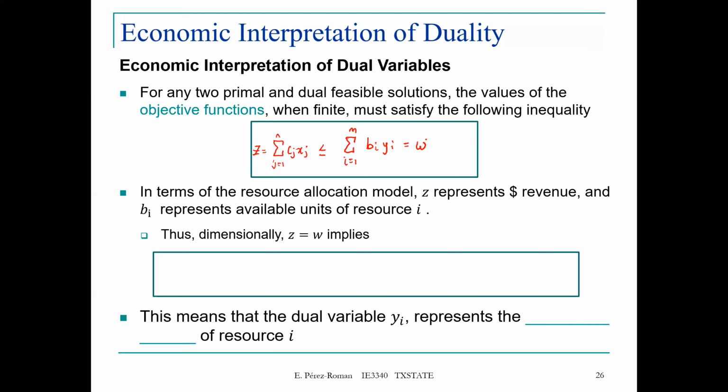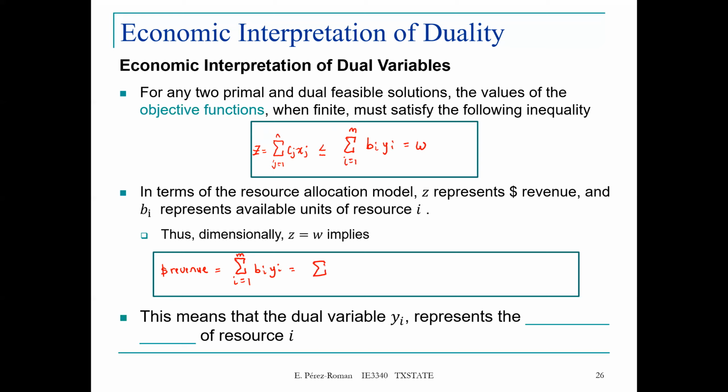Thus, dimensionally, Z equals W. This implies that the revenue in dollars is equal to this objective function value for the dual, which can be expanded as follows.